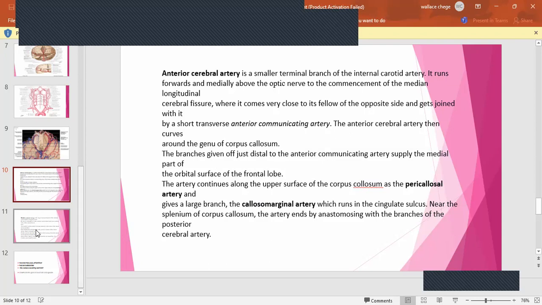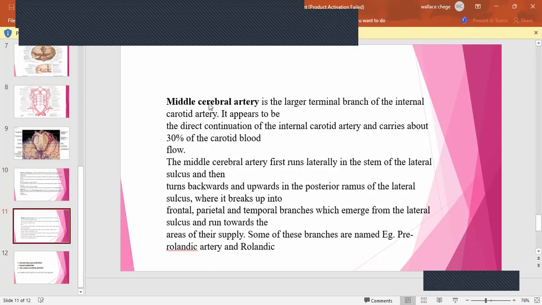So let's look at the middle cerebral artery. The middle cerebral artery is the larger terminal branch of the internal carotid artery. It appears to be a direct continuation of the internal carotid artery and carries about 30% of the carotid blood flow. The middle cerebral artery first runs laterally in the stem of the lateral sulcus.